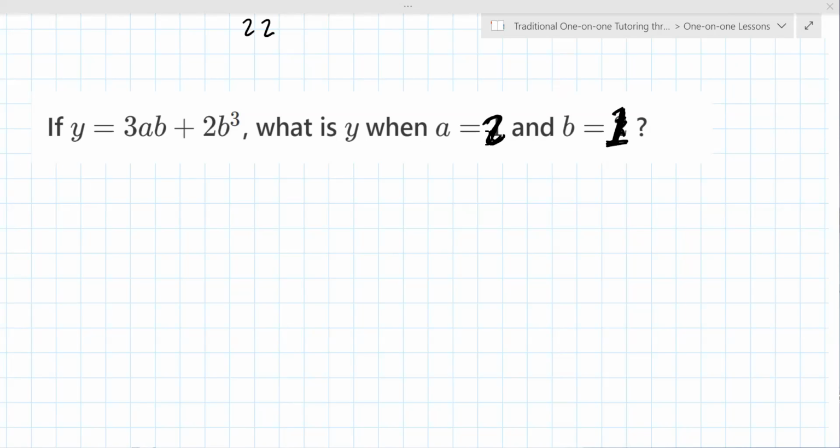It's got two different values for a and b. Let me know if you have questions. Be happy to help if needed.